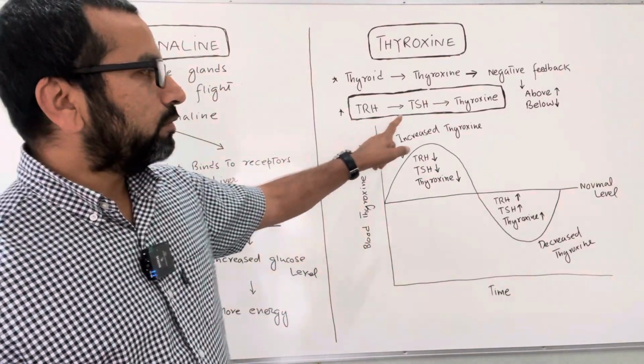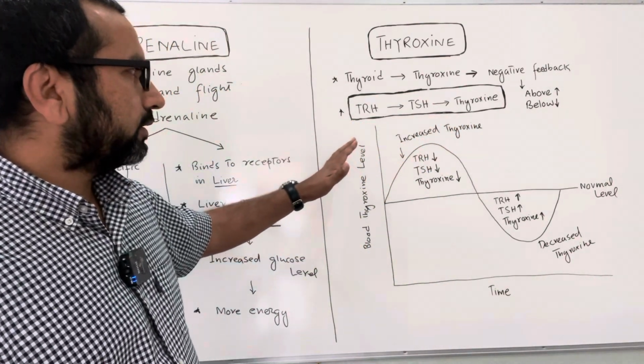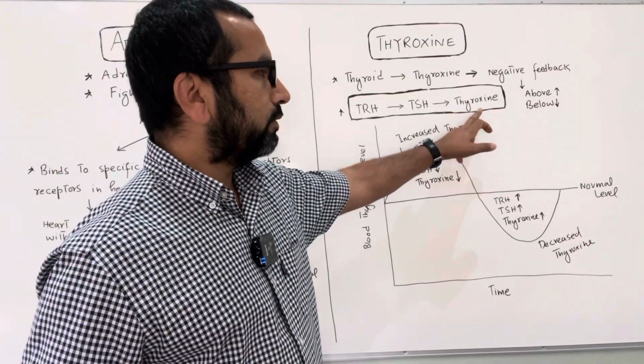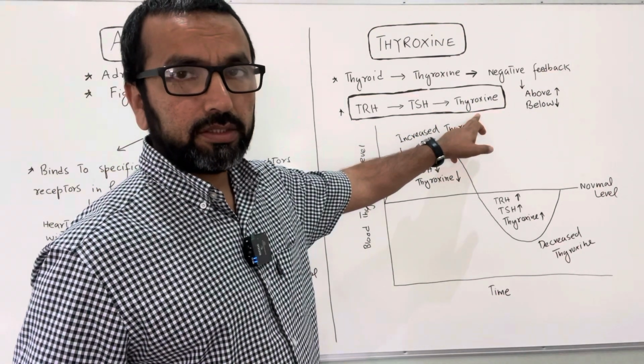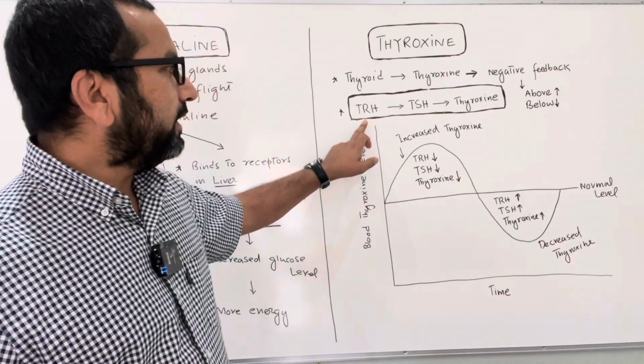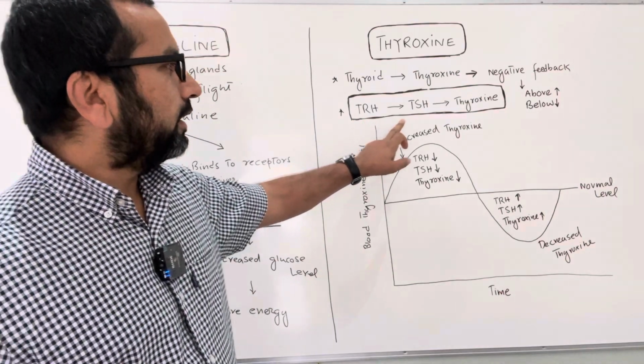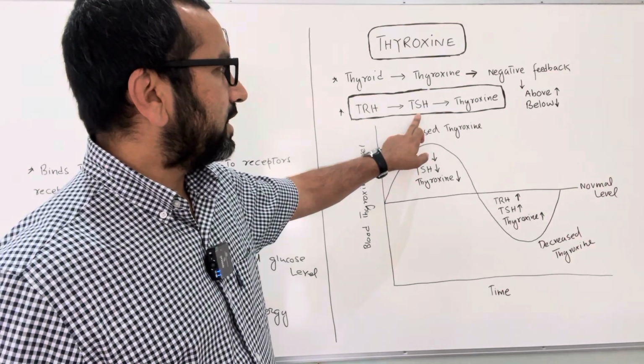Three hormones mentioned in this box are involved in maintaining and controlling the amount of thyroxine. One is called TRH and the other one is TSH.